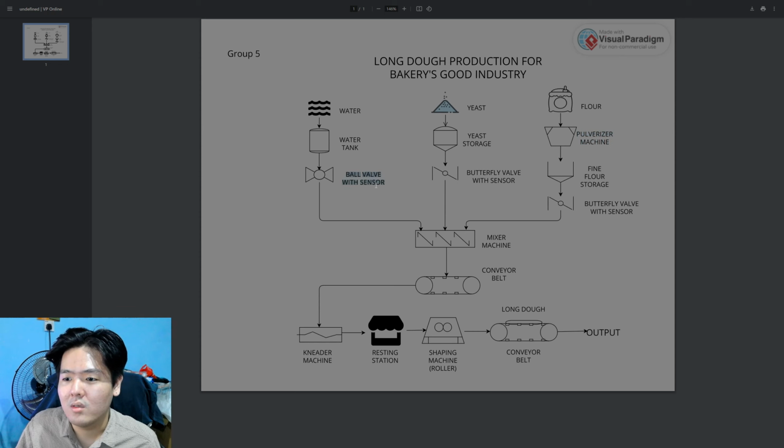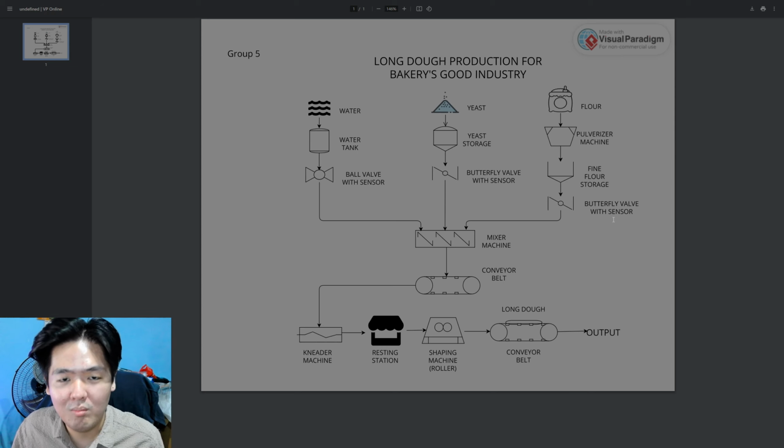They go through a valve with sensor to give an accurate measurement to produce an optimal mixture.